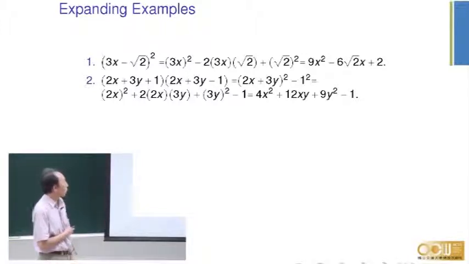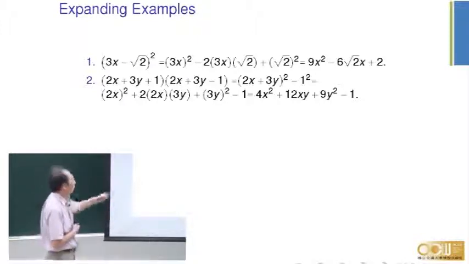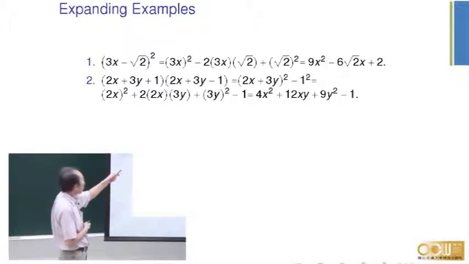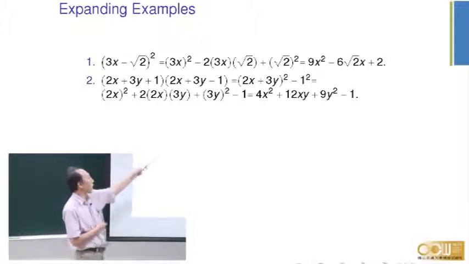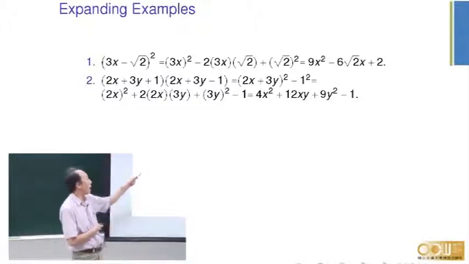However, I'm going to use slightly different techniques, because by observing that we have 2x plus 3y over here, and we also have 2x plus 3y over there, and we have plus 1, and we have minus 1 there.